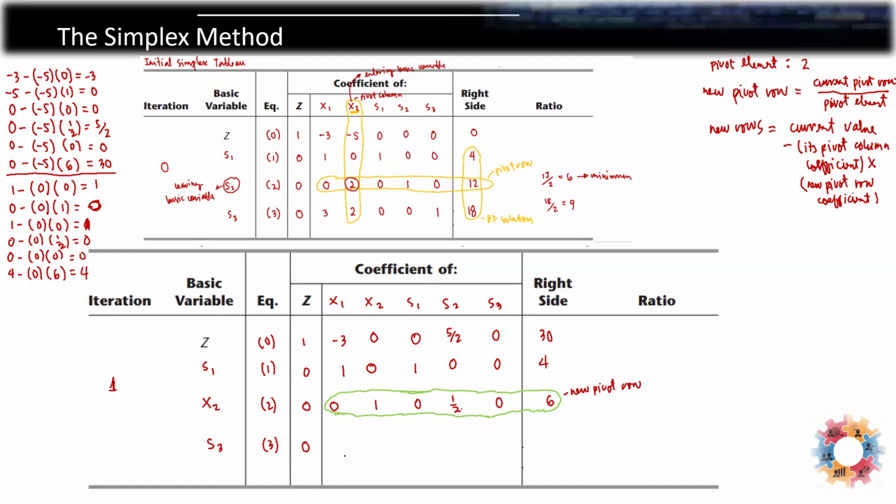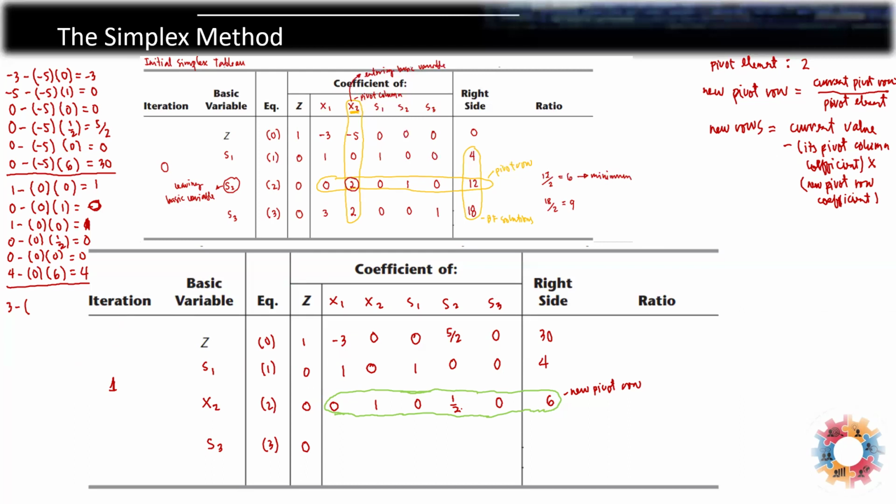And then the last row, that will be 3 minus, 3 is the current value, no? Referring to the formula we have, minus its pivot column coefficient corresponding to that row, the third row.